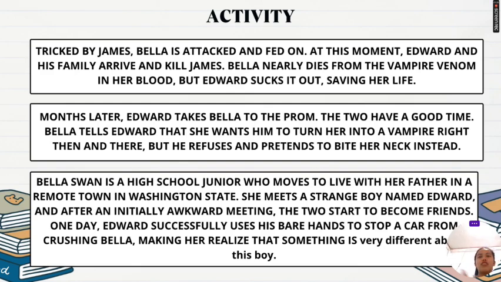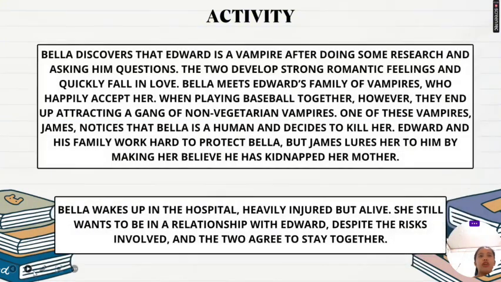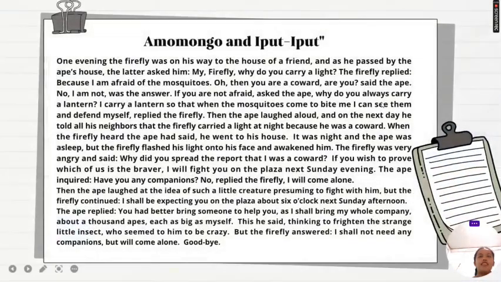All right. So since we are already done with our first activity, for us to learn more about plot structure and how to recognize this in a certain story, I have here on the next slide a story that I will introduce. It is actually a fable. All right. So this story is entitled Amumongo and Ipot Ipot, or in English, The Apes and the Fireflies.